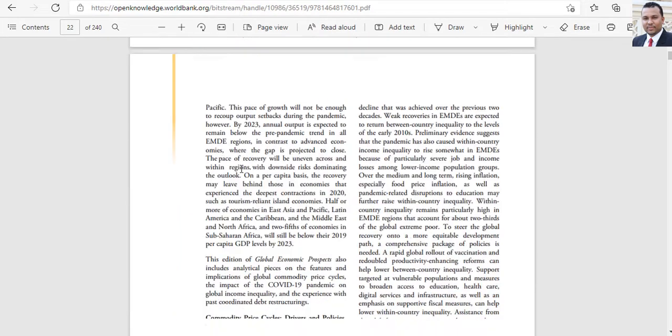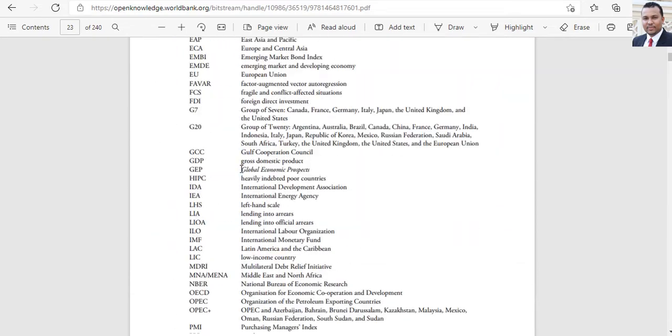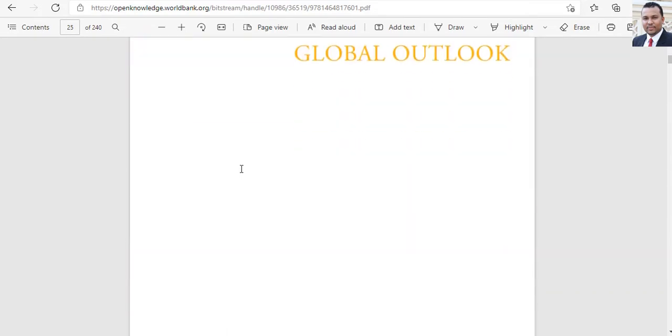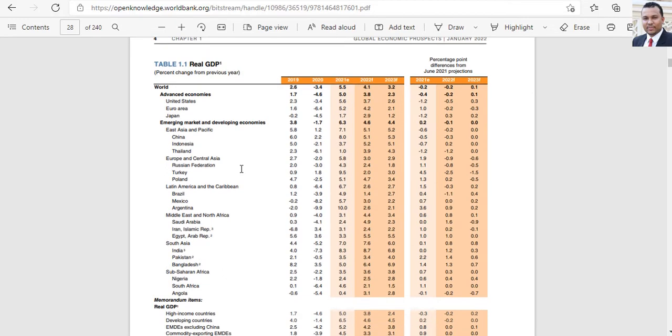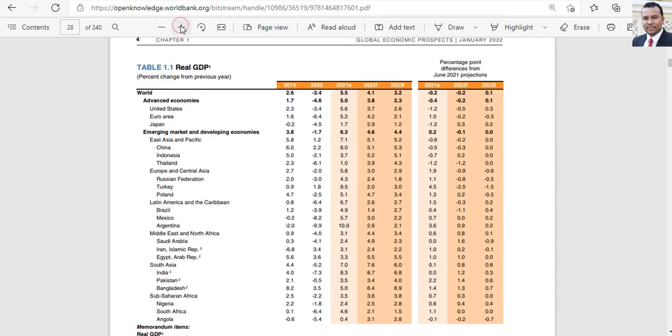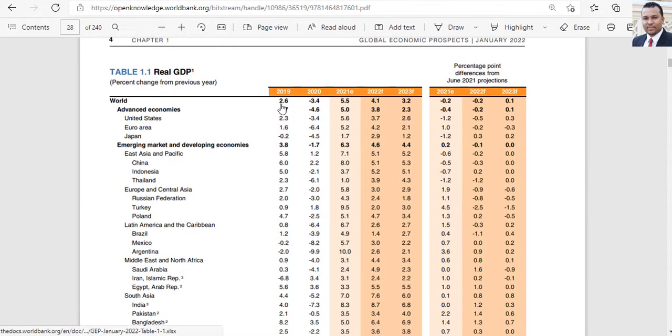So we can use tables and figures to explain more details. So this is the historical data, okay? Real GDP, percent, in the world, for example, in our table, the percent equals 2.6% in the year 2019, declined to negative 3.4 in the year 2020.